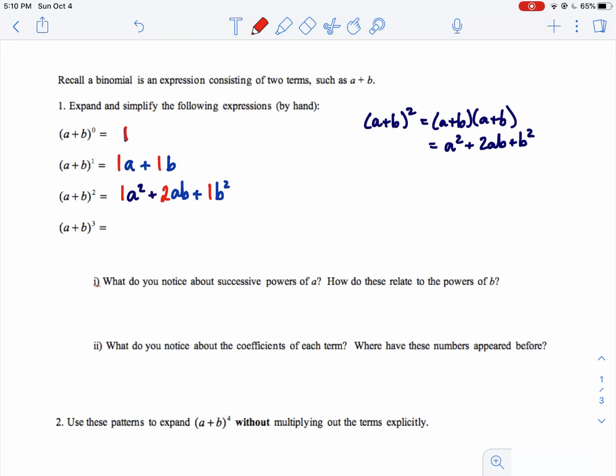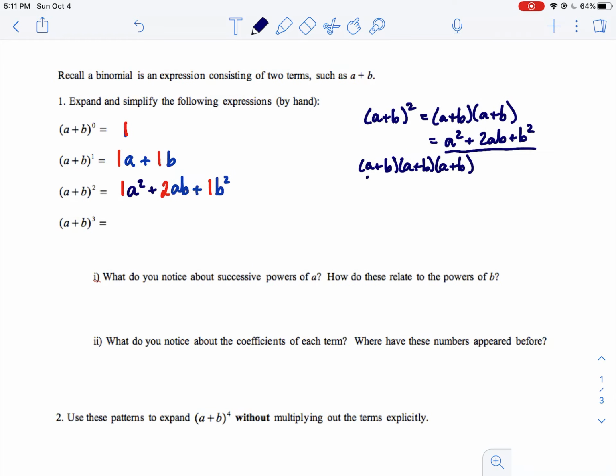Okay, so what if I want to cube it? The long way here would be to say, well, if a plus b squared was this, then a plus b cubed would mean a plus b times a plus b times a plus b. But we already know what a plus b times a plus b was. That was a squared plus 2ab plus b squared.